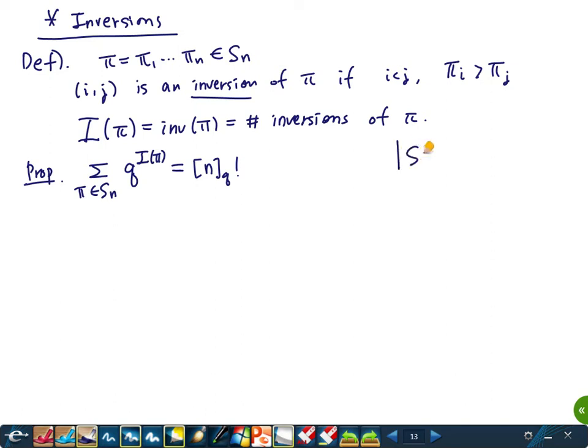We know that the cardinality of Sn is equal to n factorial. This is a q-analog of this, because if q equals 1, this reduces to this. But it also has a very nice property. So usually a q-analog has this kind of property, a very nice product.